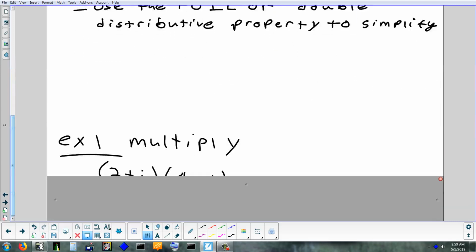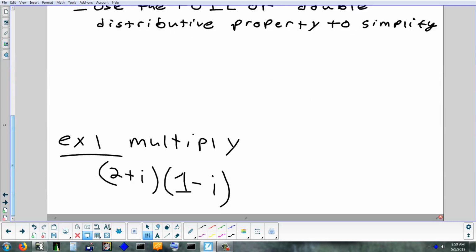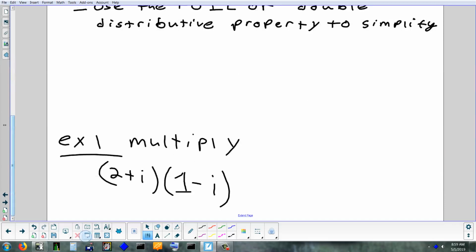Okay, so let's multiply these two complex numbers together. When you're done, you should have an answer like this. Real part should be right there, could be a plus or a minus, depends on the problem. And then you should have an imaginary part right there and an i right next to it.